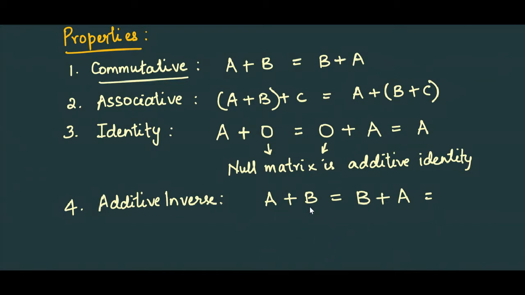If to a matrix you add another matrix such that you get a null matrix, that means first of all B and A should be of the same order.